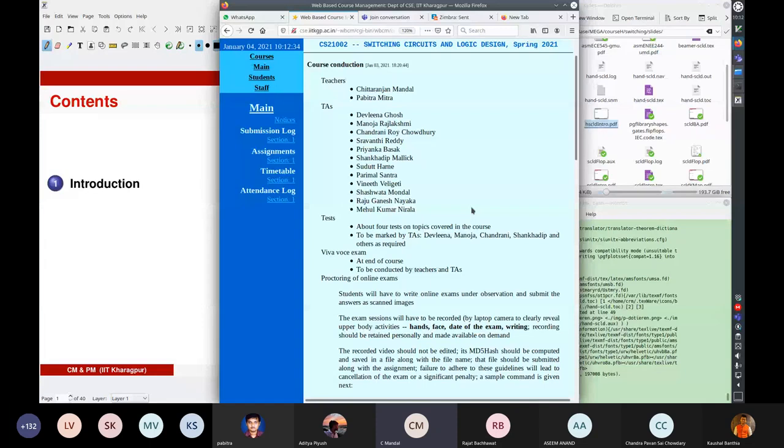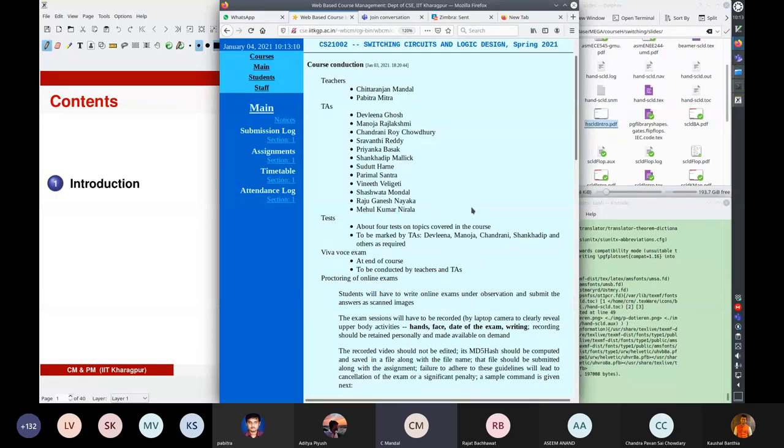While you can distribute the load, that is fine, but you should also discuss the problems and the solutions among yourselves in the group, and make sure that if there is some mistake, you correct that mistake and also understand how each problem given as an assignment has been solved, and that will also help you because later on we'll have a test.